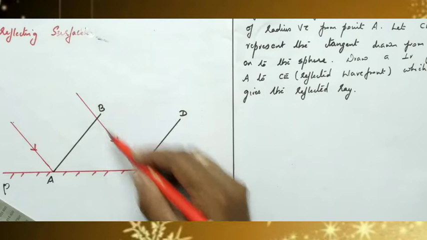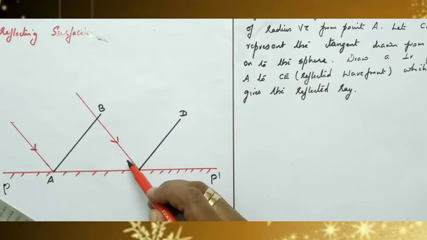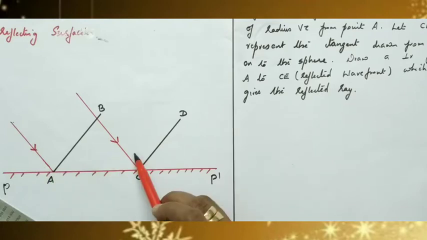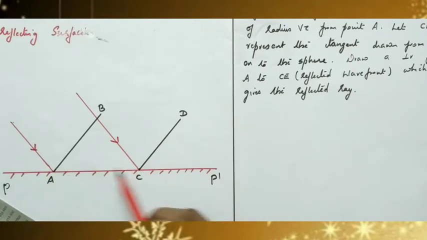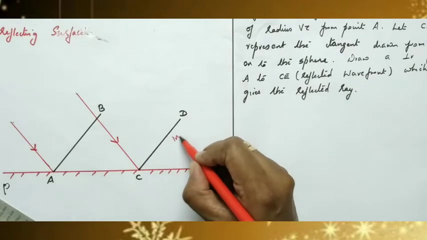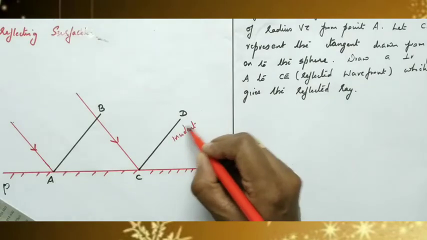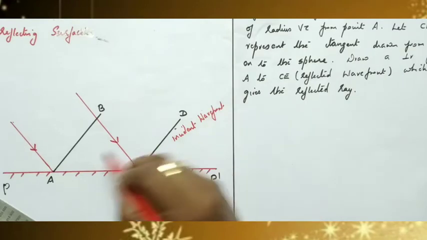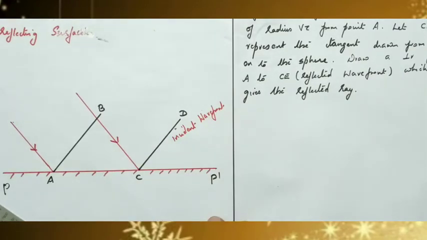We can put arrows for the incident rays. These two rays represent incident rays, incident at the points A and C, and AB and CD represent the incident wavefront.